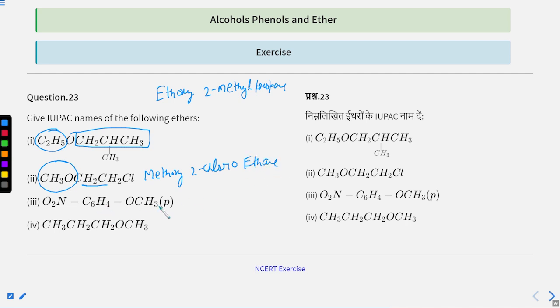What about this? So this is what? This is methoxy. So this NO2 is at para position. Okay. So para nitro benzene. So it is being mentioned here. It is para. Methoxy para nitro benzene. And this is methoxypropane.